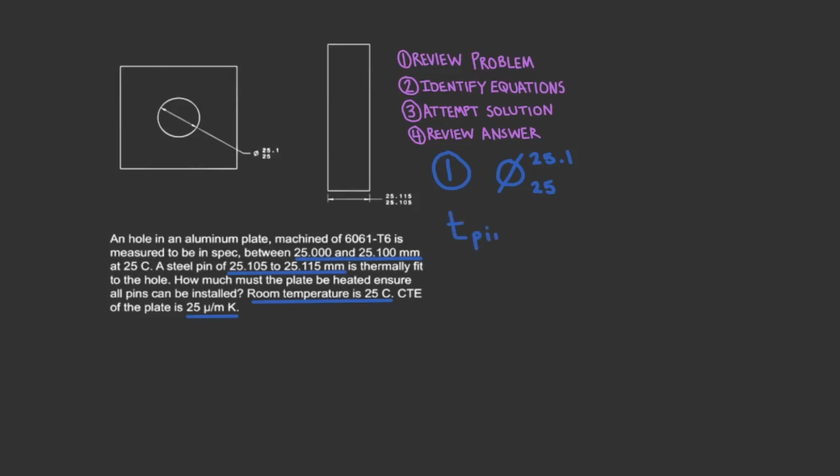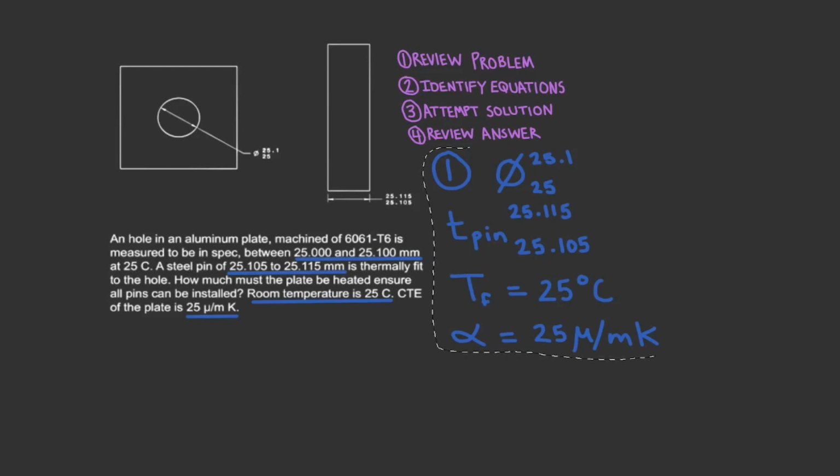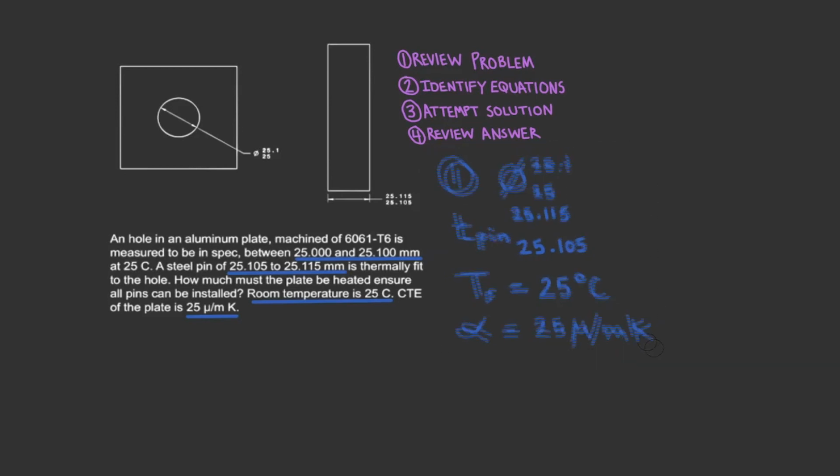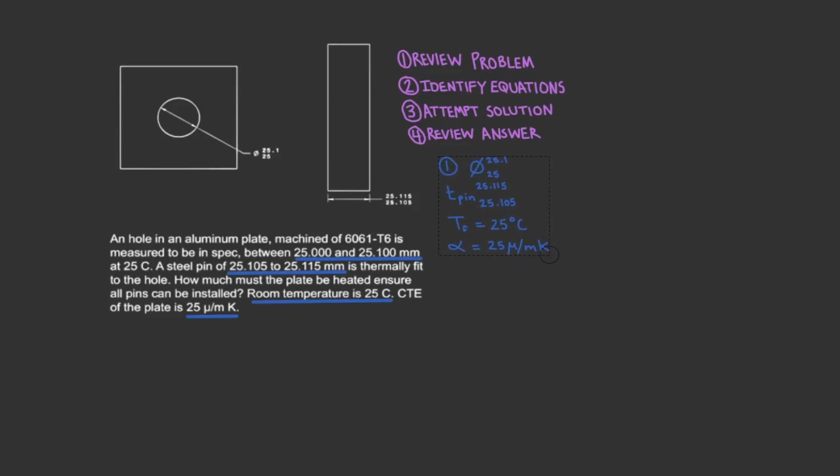Next, we know our steel pin is going to have limits of 25.105 millimeters and 25.115 millimeters. Additionally, we're told that room temperature is 25 degrees Celsius. Finally, the last critical bit of information states that our coefficient of thermal expansion is 25 microns per meter Kelvin. This serves as a big hint that we want to look up our thermal expansion equations.